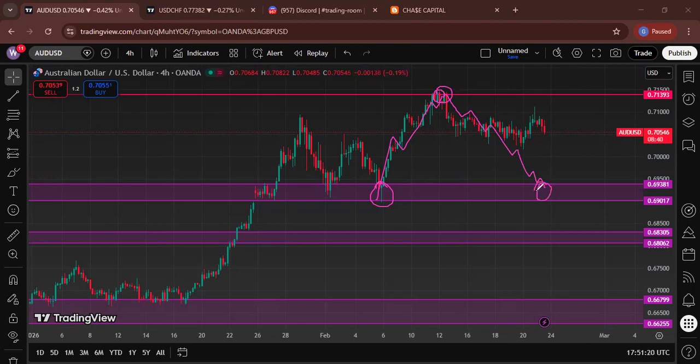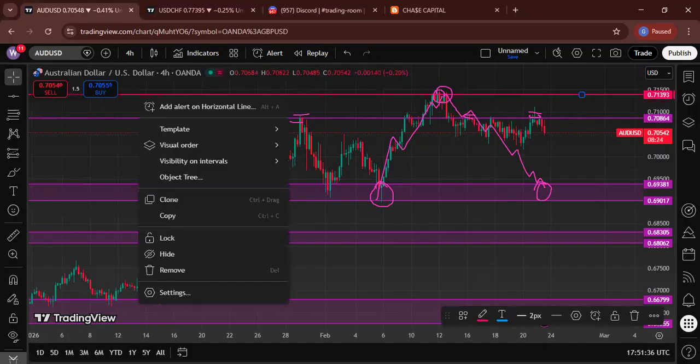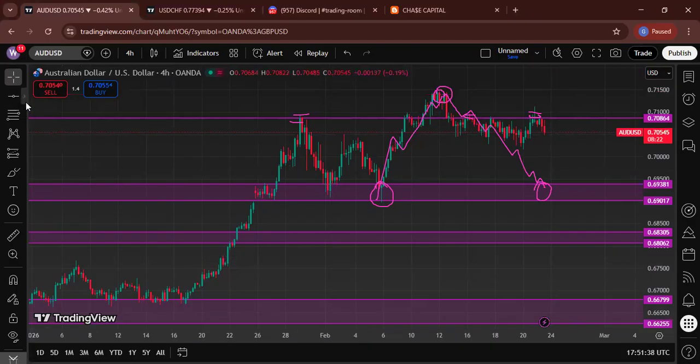But already that analysis will tell you that this was the retest, the top of that. If I do this, it completes the zone. You have that horizontal line like that, so that completes the zone.